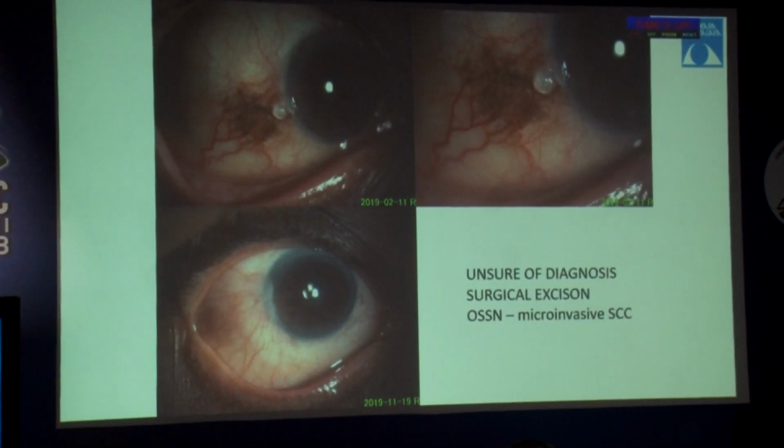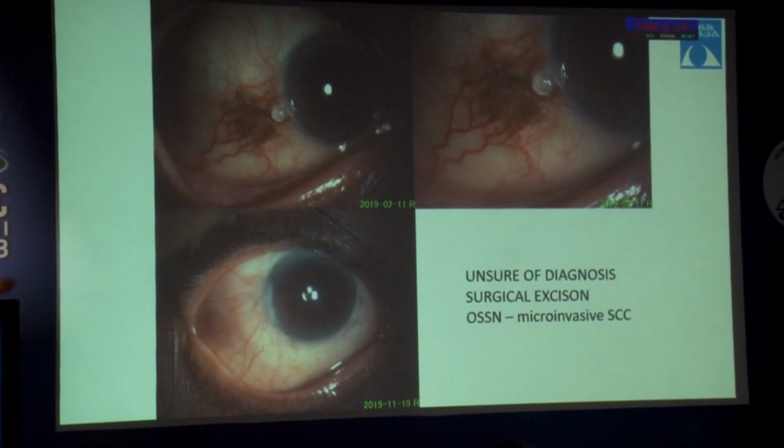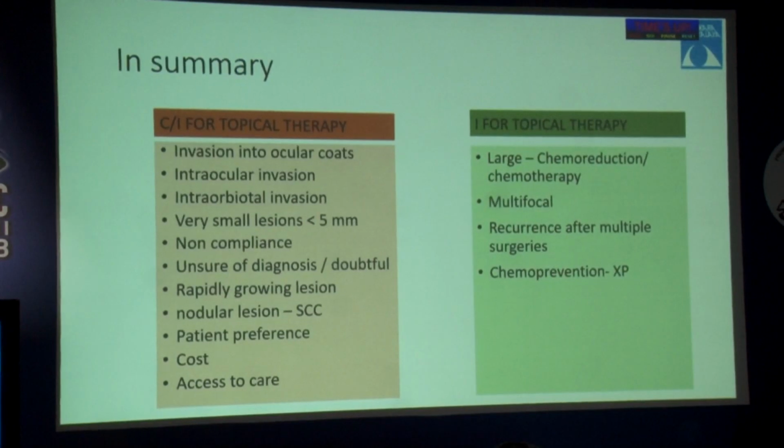You never subject the patient to topical therapy. Always go ahead with an excision so that you have a histopathological diagnosis to know what exactly it is that you are dealing with. And these are patients that you do not normally subject to a topical therapy. So this slide again clearly explains what are the contraindications and what are the indications for topical therapy.